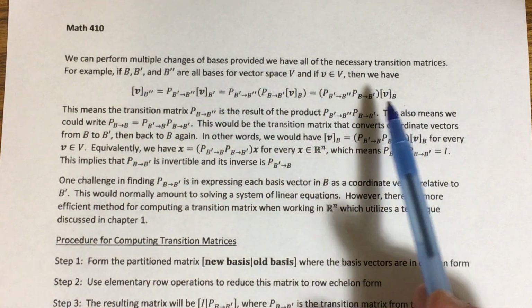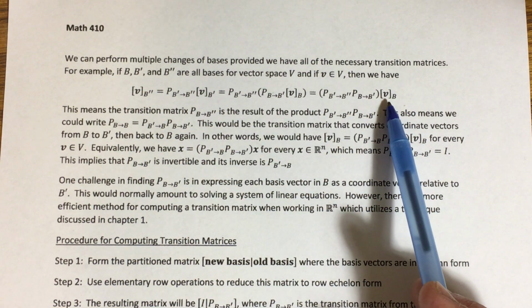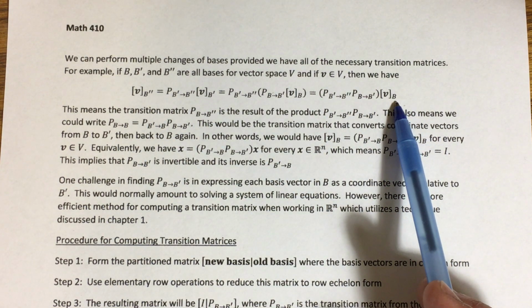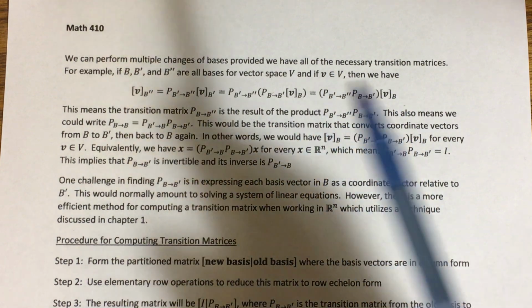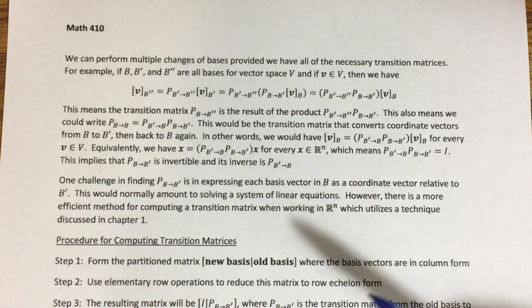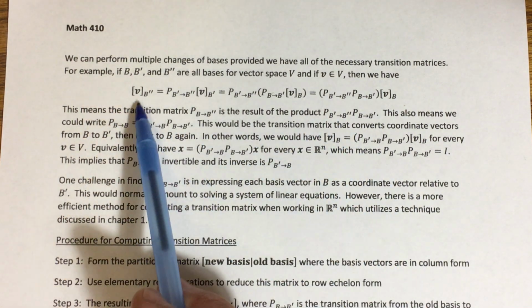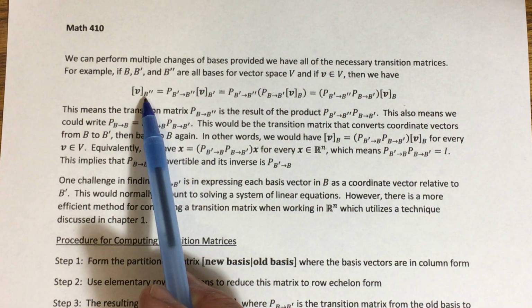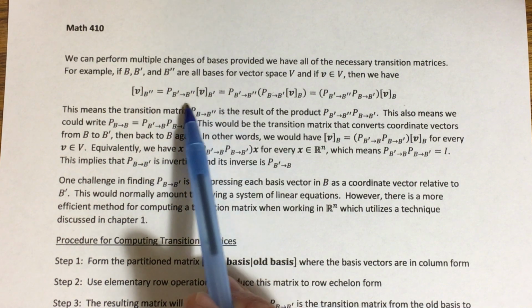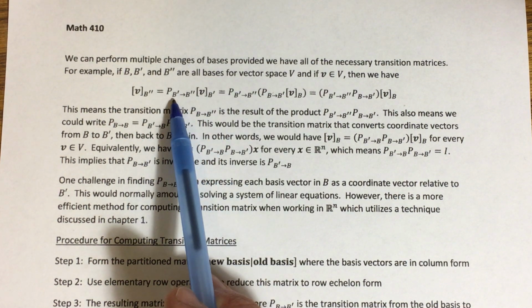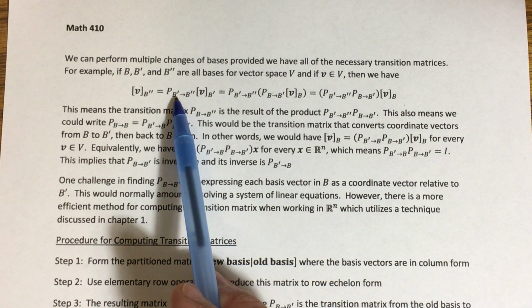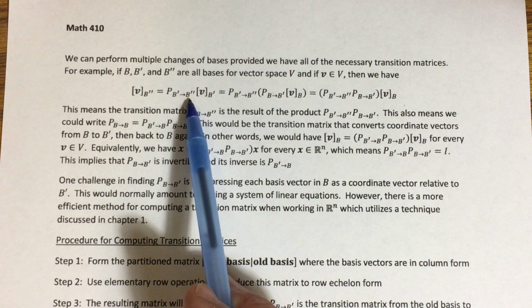Let's suppose we are trying to convert the coordinate vector of v relative to B first to the basis B prime, and then take that vector and convert it to the basis B double prime. So it's two steps. Working backwards, v relative to B double prime can be written this way. Notice the transition matrix here takes vectors from B prime and changes them into vectors relative to B double prime.